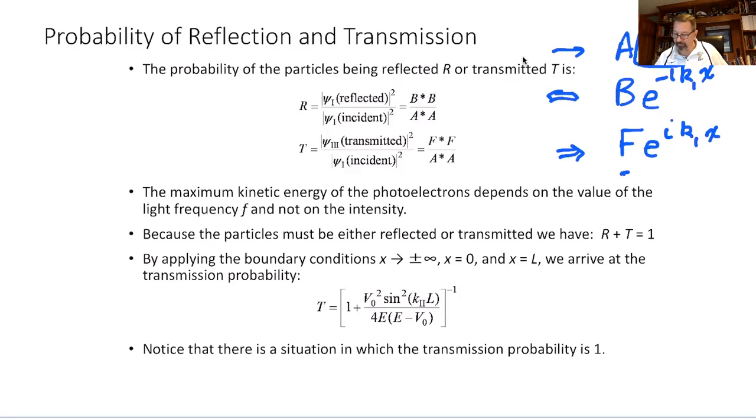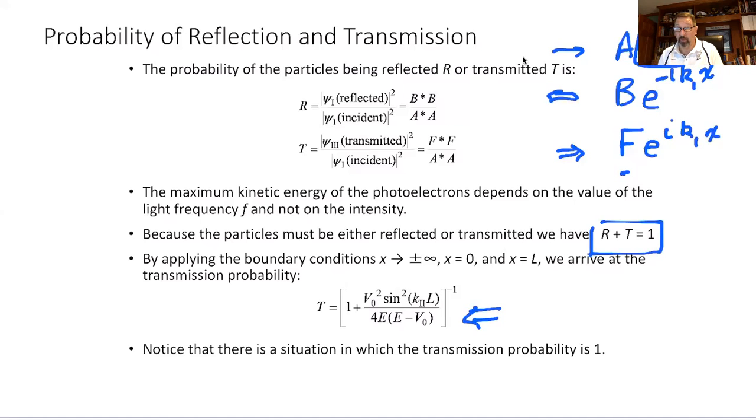Now, I got some more math to do, because we're going to show that the transmission coefficient is this. Remember, though, you really only have to get one or the other. You don't have to get both reflection and transmission. If you have either one of them, hopefully it makes sense that the probability of reflection plus the probability of transmission has to add up to be 1.